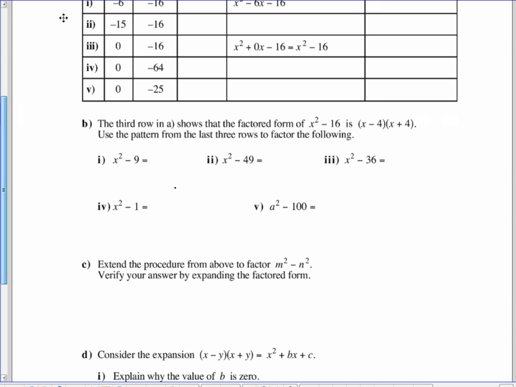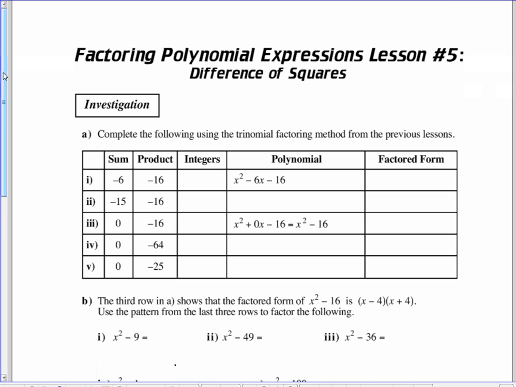Difference of squares is a lot easier to factor. It's very easy, but what's special about them is difference of squares occur when we have a binomial. You need a binomial.